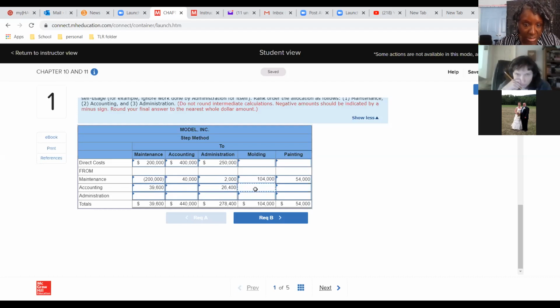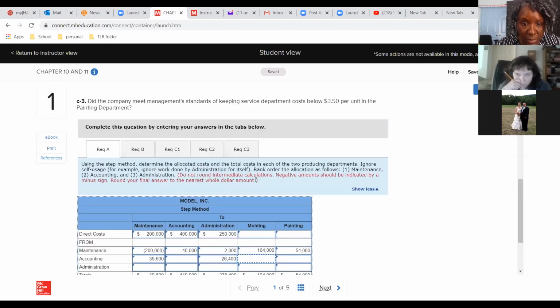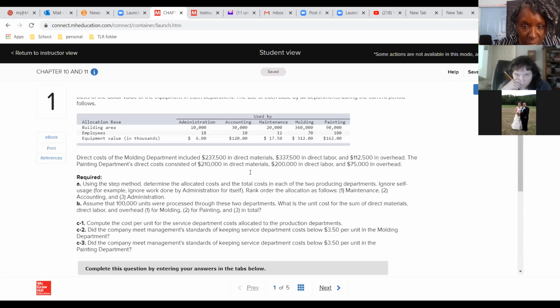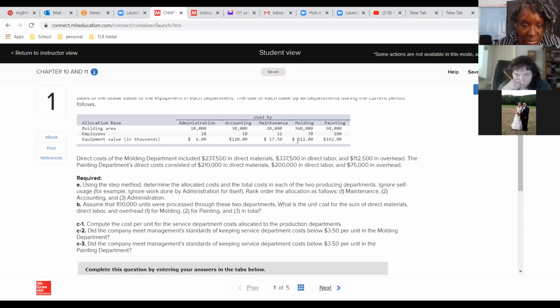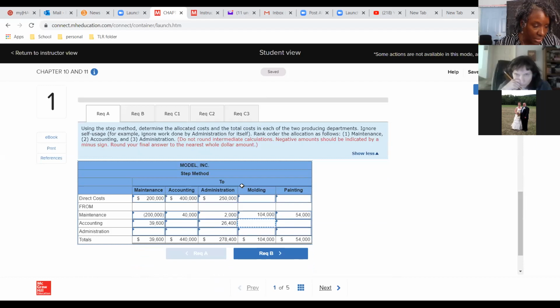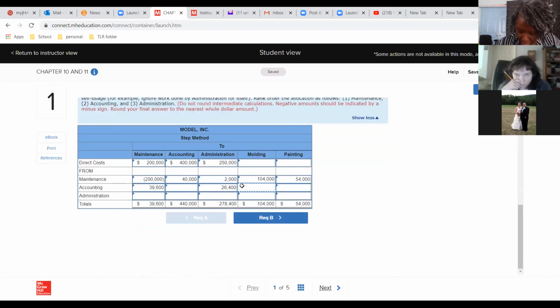And then molding is going to be, I look at the number of employees. Molding is 70 employees. So 0.70 is, make sure. I got so many numbers here. 0.70.